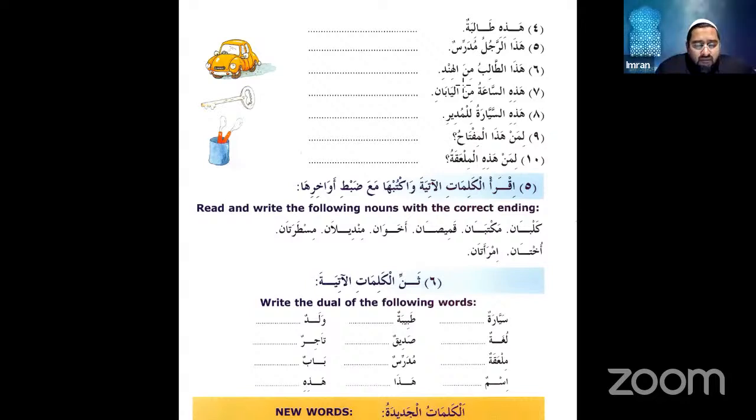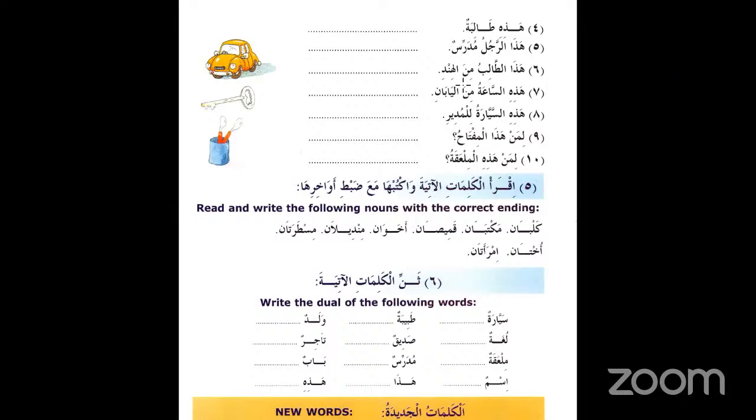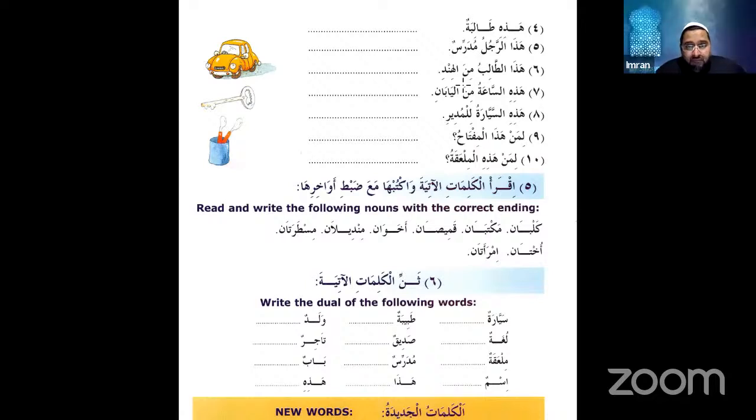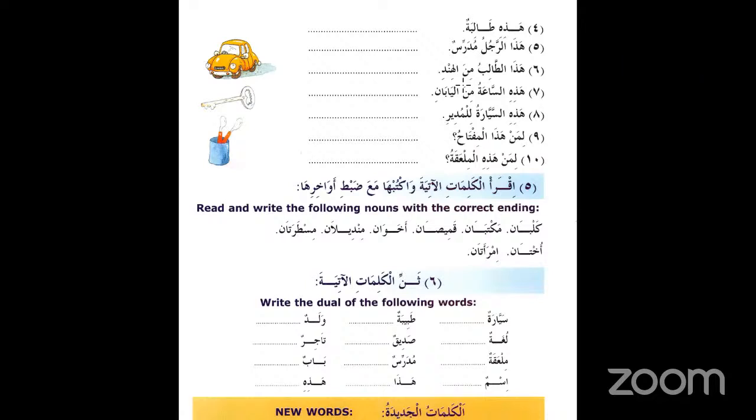هذه الساعة من اليابان. هاتان الساعتان من اليابان. Correct. هذه السيارة للمدير. هاتان السيارتان للمدير.